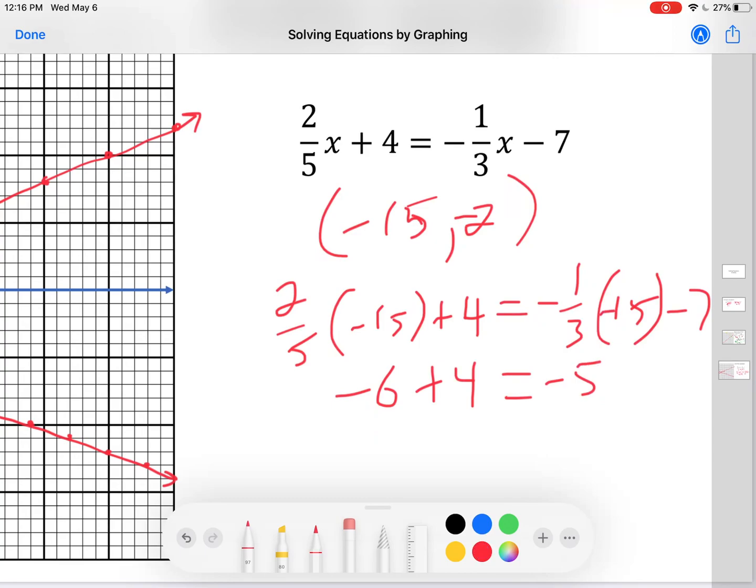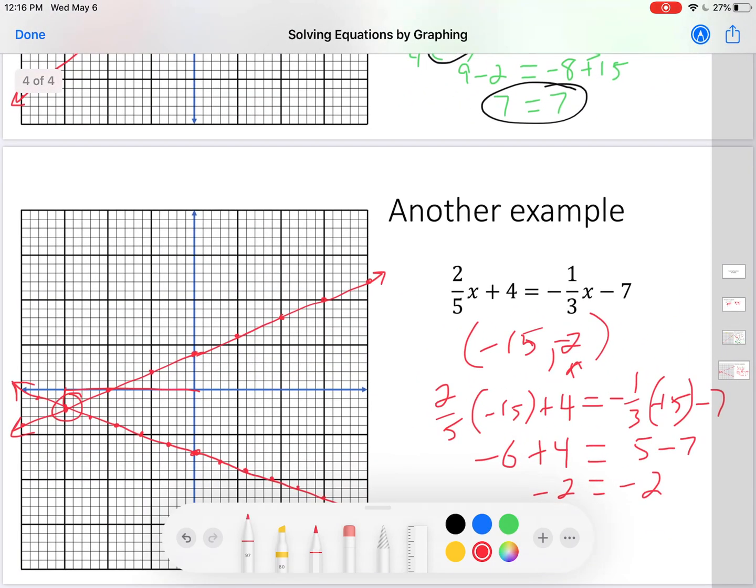Negative 15 divided by negative 3 is positive 5. 5 times 1 is positive 5, minus 7. Negative 6 plus 4 equals negative 2. 5 minus 7 equals negative 2. They are equal, and they are that value. Therefore, that is the solution to this equation.